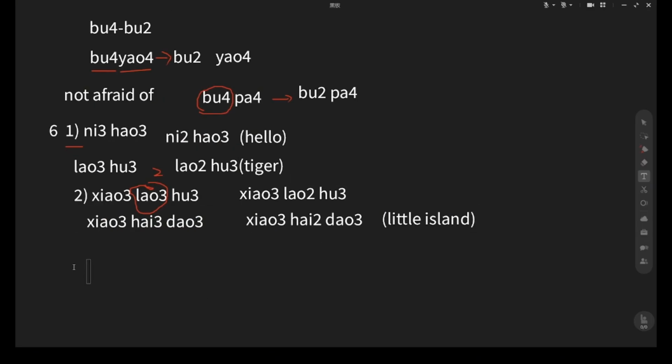Okay, let's see more examples. How to read this one? First you see they are all third tone, right? So change the second word into second tone, right?